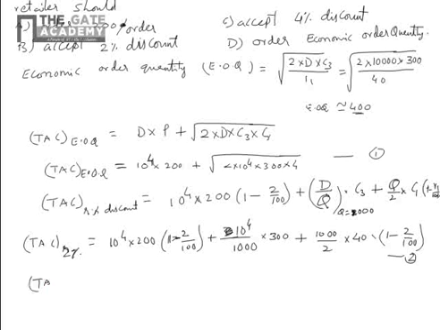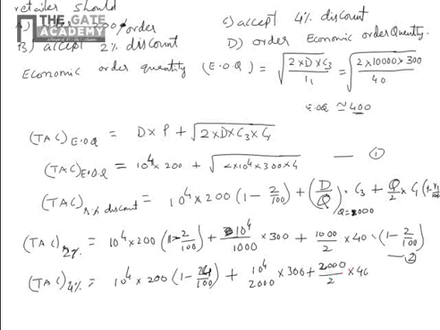Another one is TAC at 4%: 10 power 4 into 200, into 1 minus 4 by 100, plus, for Q equal to 2000, 10 power 4 divided by 2000, into 300, plus 2000 divided by 2 into 40, into 1 minus 4 by 100.